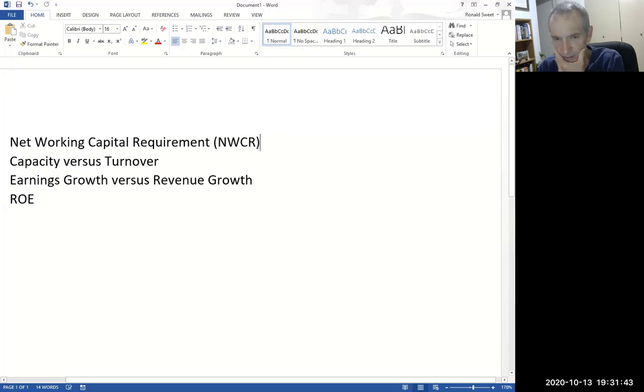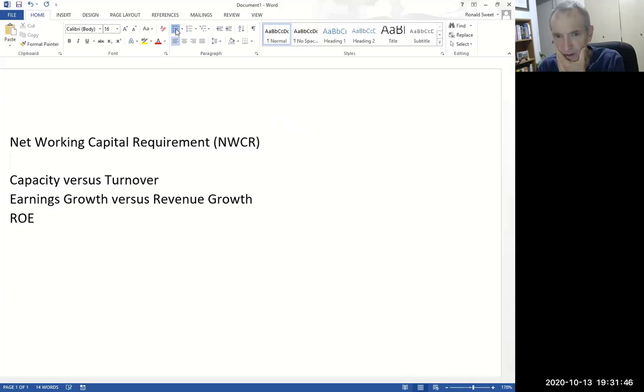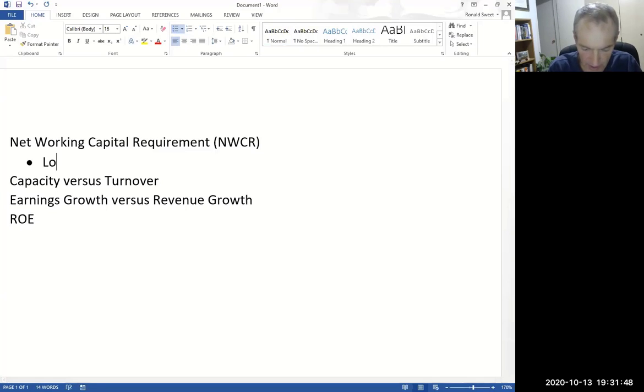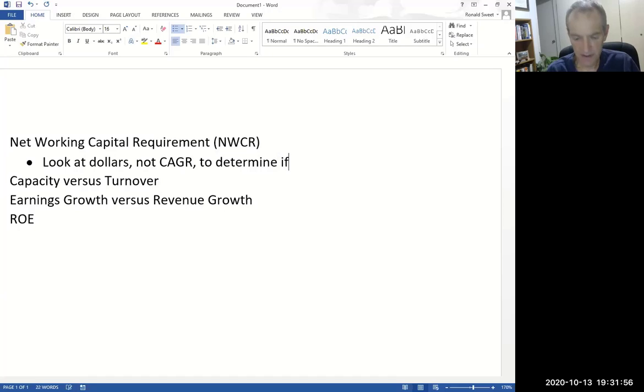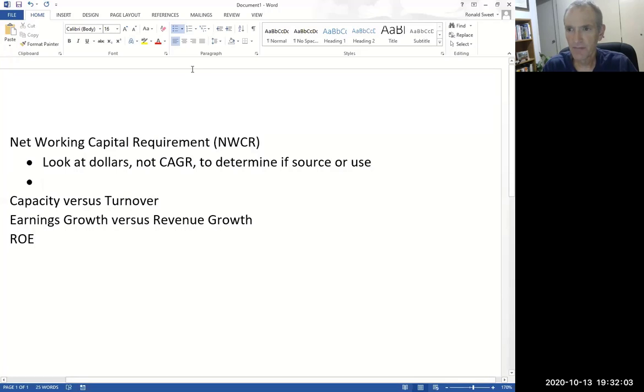So the key on the net working capital requirement, first of all, is to make sure you're looking at dollars, not CAGRs, to determine if it is a source or a use. I'll show you with Walmart exactly what I mean by that.